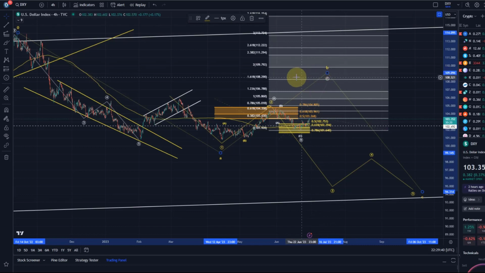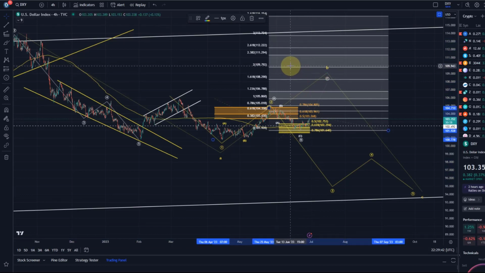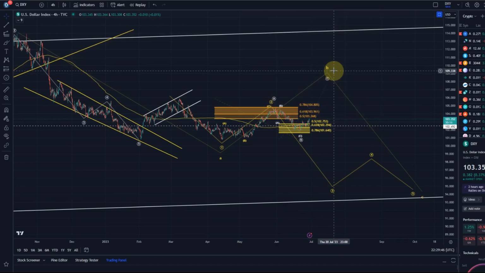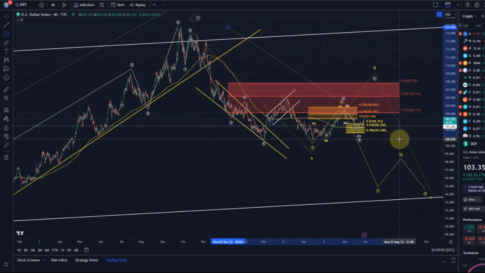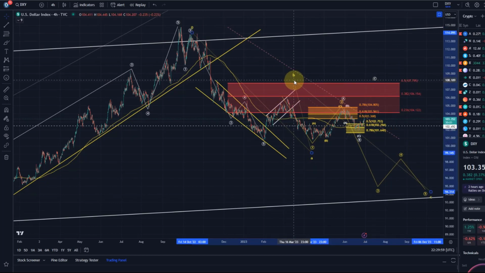The only reason why I prefer this scenario is because it would give us a decent B wave in terms of a retracement. Because if I draw the retracement zone to the B wave as I had it in the first count, it only reached basically the 38.2 retracement here, not even. So very, very shallow B wave.